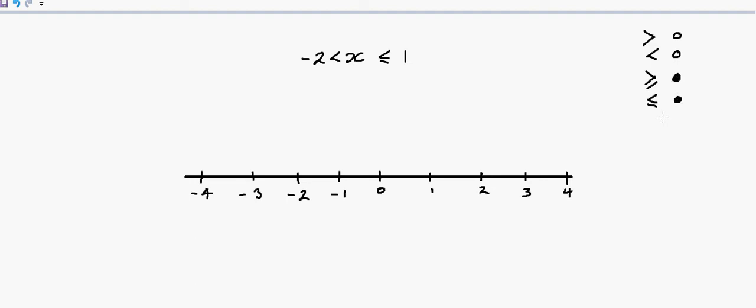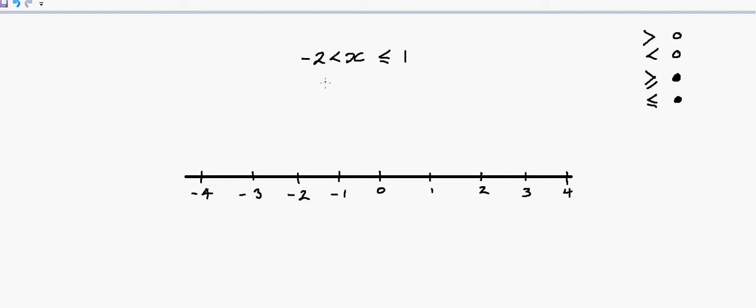So all we've got to do is decide, is it a polo or a Malteser? So is it a filled circle or an empty circle? And then you just join the two together.